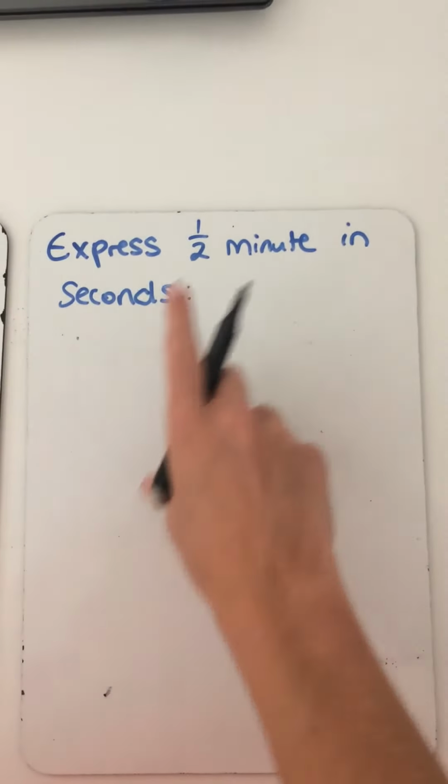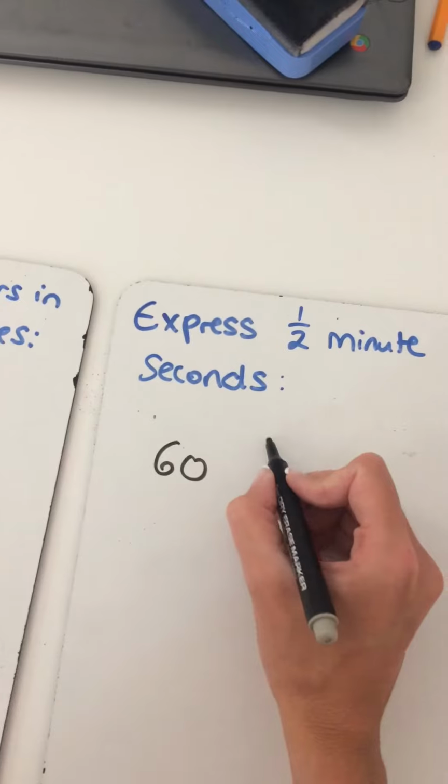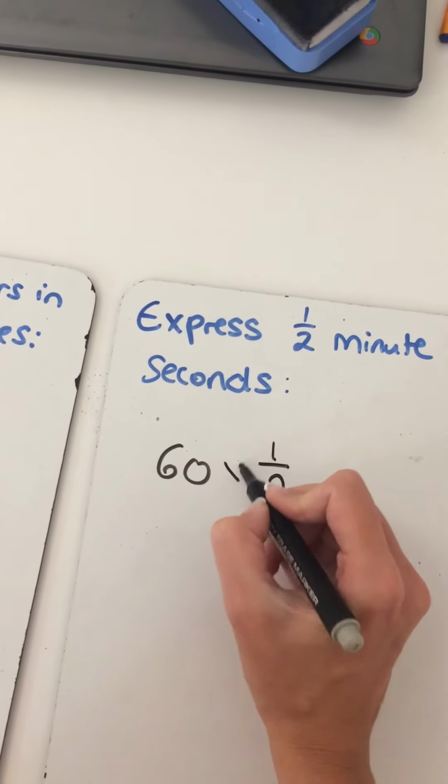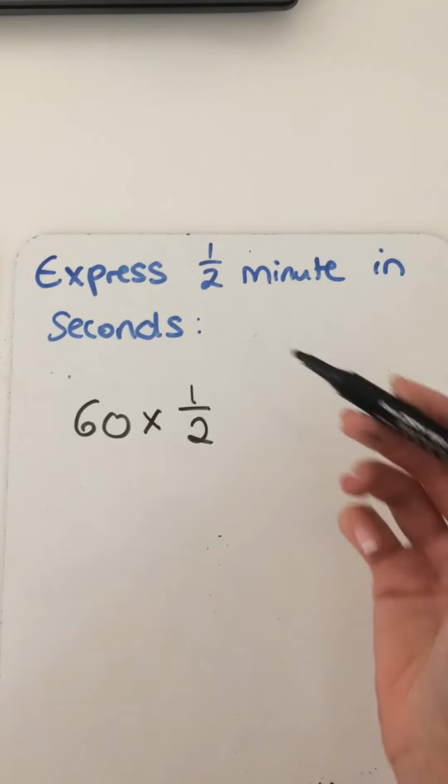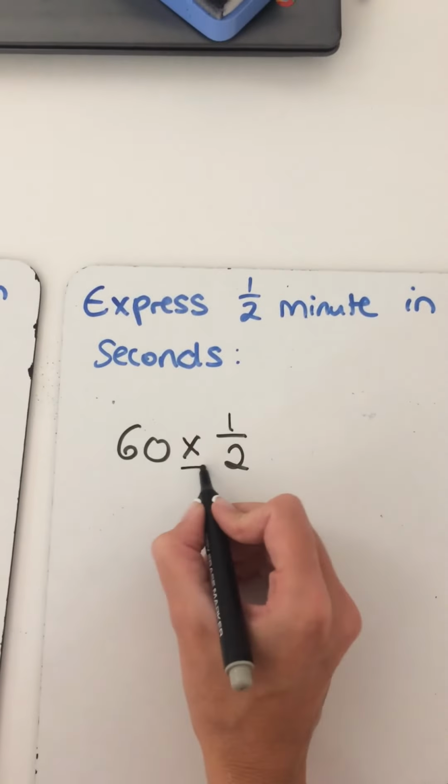Now, how many seconds are there in 1 minute? There are 60 seconds in 1 minute. And they want my answer in seconds, so I'm going to say 60 seconds in 1 minute. They want to know what is half of that 60 seconds. So because it's half of, I'm multiplying again.